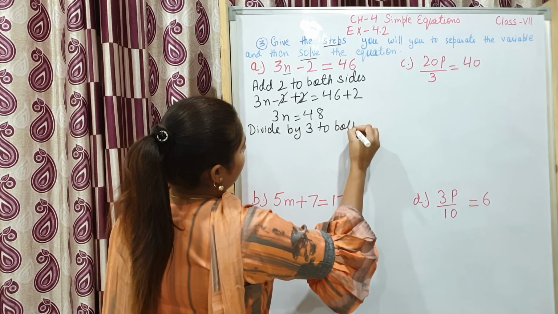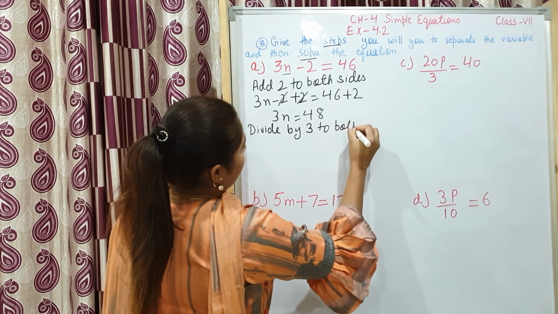You can do the division on rough work, students. Remember, here not only one step is used, we use two steps. That is why in the question they haven't written that you have to give the first step. They have written give the steps. It means more than one step is used in this question.